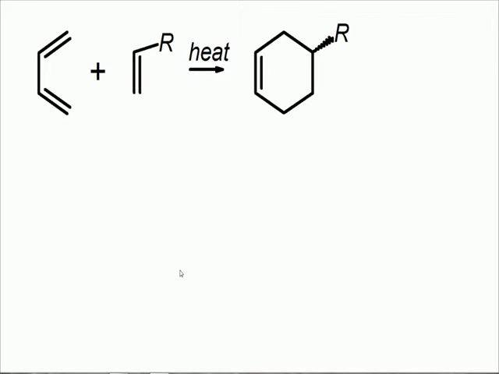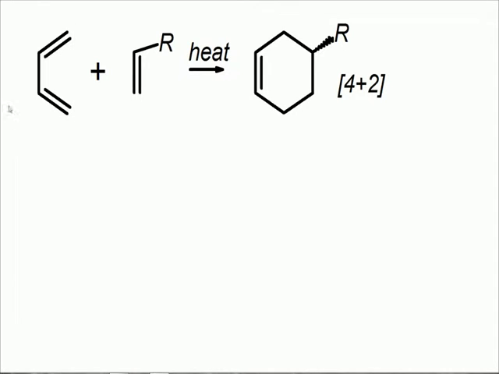In this video, we're going to talk about the Diels-Alder reaction. To start, I'd like to tell you that the Diels-Alder reaction is pretty important, and it is a 4+2 cycloaddition. So that's how you're going to see it written, as a 4+2. Here's our 4.